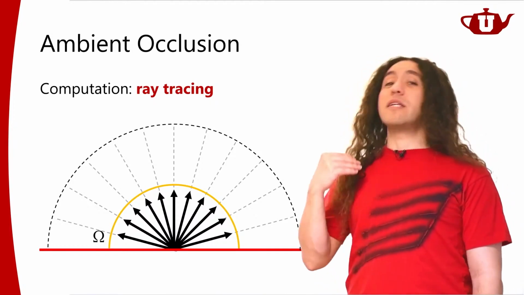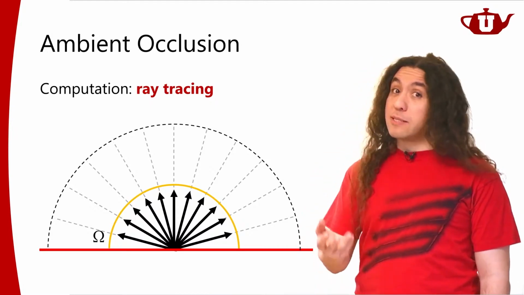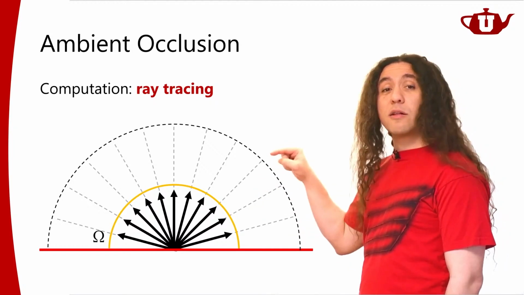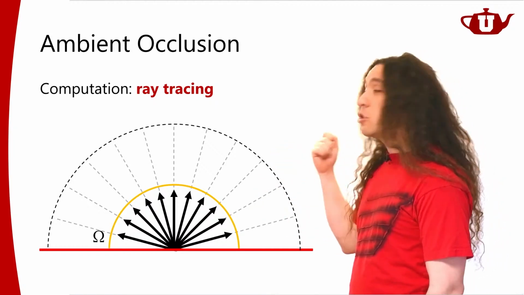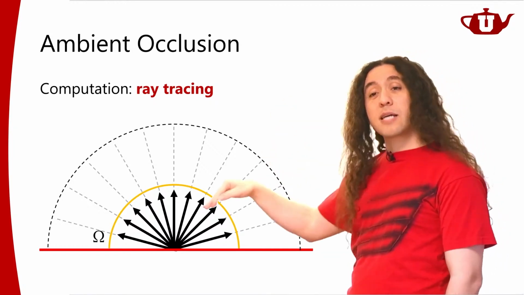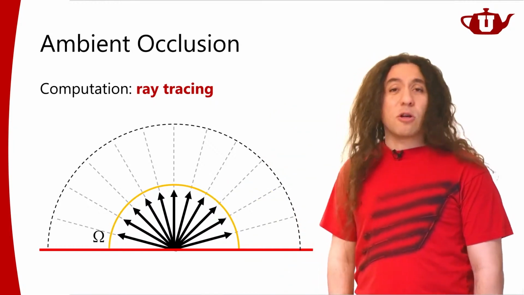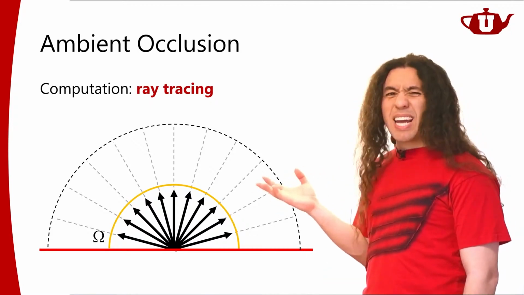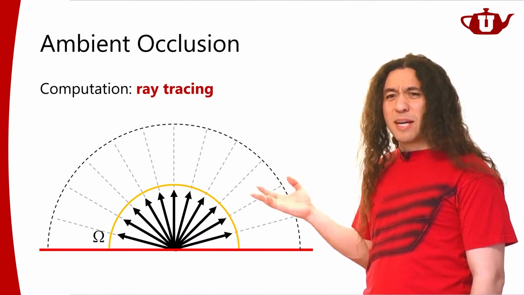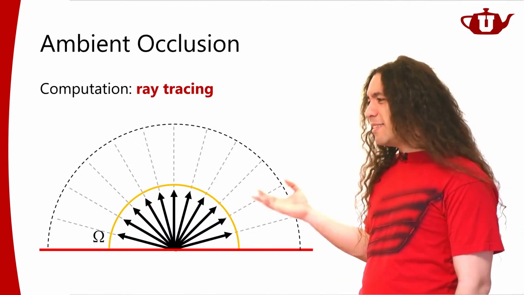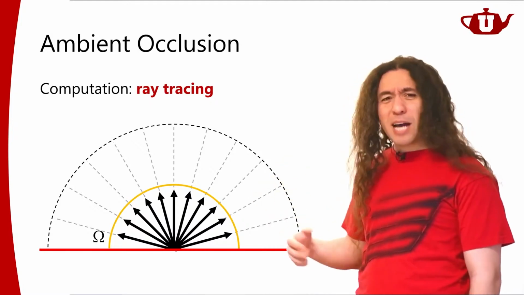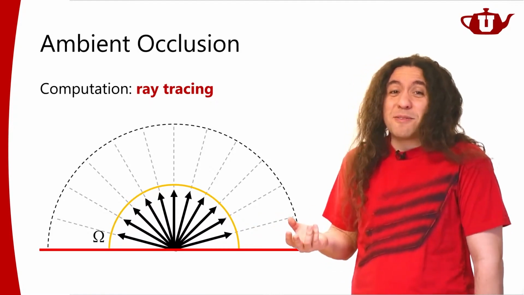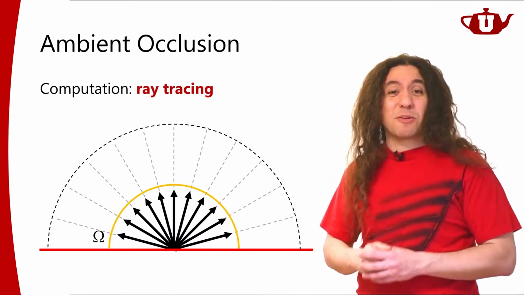Yes, computing indirect illumination is still going to be more expensive, because you're going to find hits with all these rays, and then you have to shade those points and figure out how much light is coming from all of these directions. Definitely more expensive. But this is getting a little too close. It is cheaper, but at the same time, I'm not getting the same results. So is it really worth it? I might as well do indirect illumination.